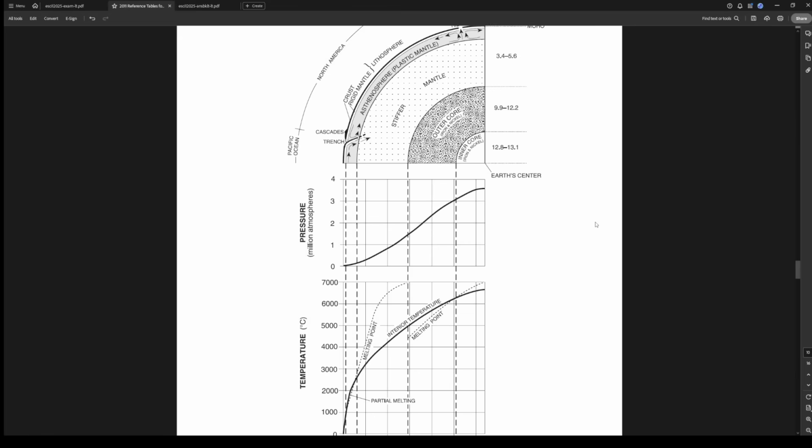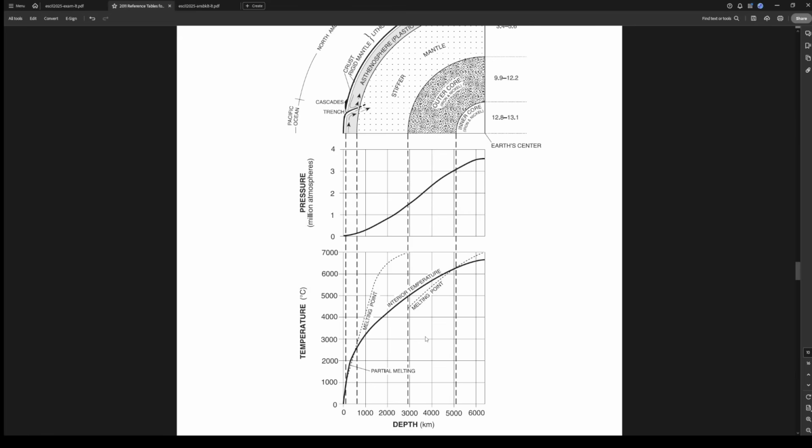So check this out. 1,700 kilometers in depth. This is a very annoying question. That's about here. So if you follow that all the way up, we're in the stiffer mantle. So that's probably the answer. Yeah, the middle of the stiffer mantle. It's about that distance. So you had to use page 10 with that information.